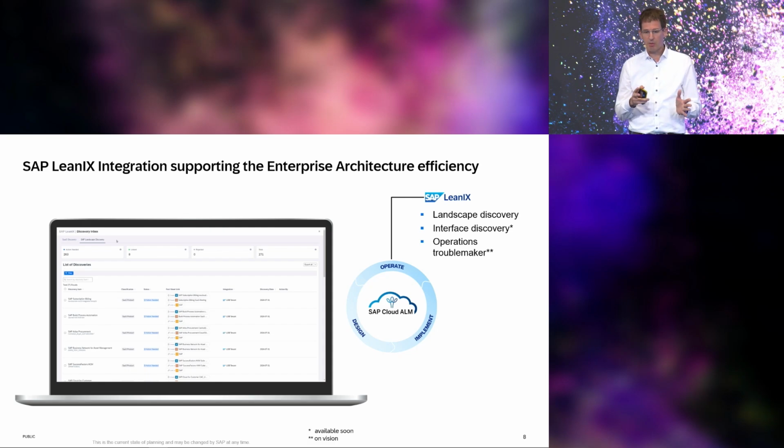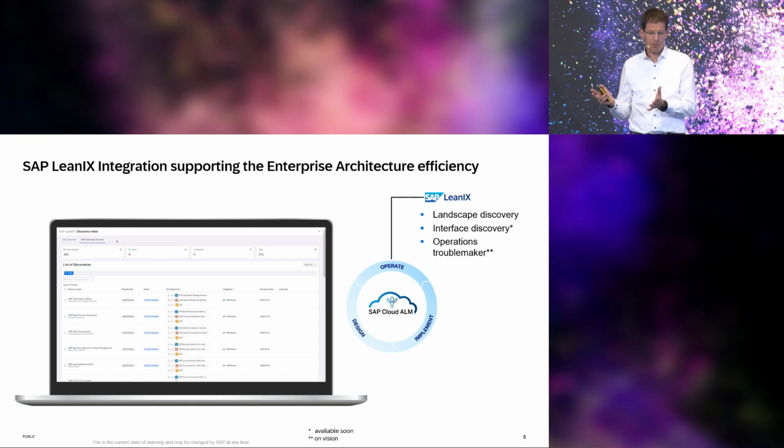That's not all. We are already working on the next step, which is about interface discovery. Also there, great interest from customers getting help in identifying the interfaces between the systems. And there we are utilizing on Cloud ALM side the integration monitoring part, where we know which systems talk to each other, where messages are flowing through the system.